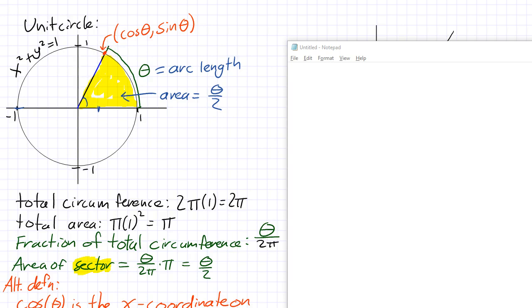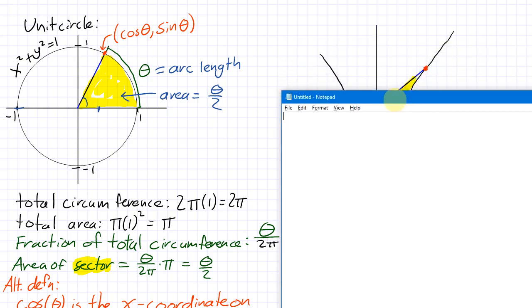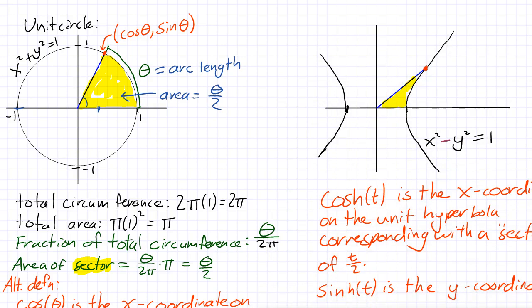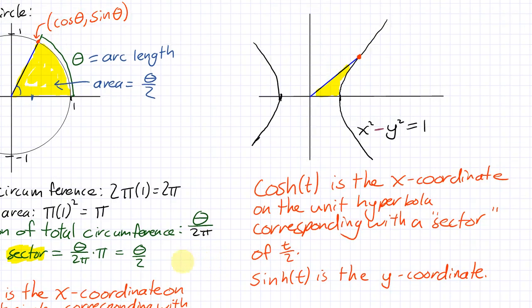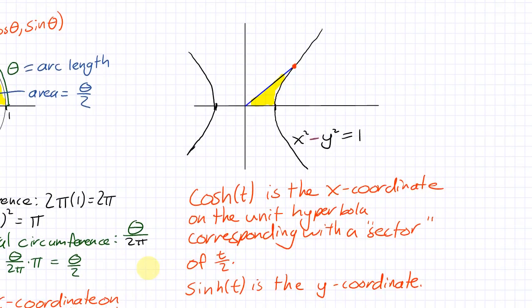And it turns out that hyperbolic sine and cosine actually do basically the same thing here. So if you take a basic hyperbola, which is sort of like the unit circle, except instead of x squared plus y squared equals 1, it's x squared minus y squared equals 1. So this is a basic hyperbola.